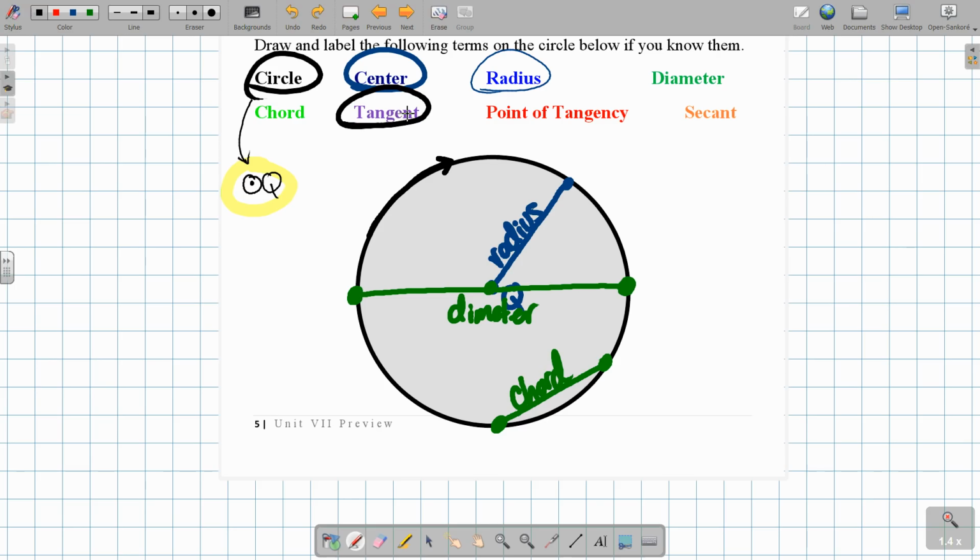Tangent. Tangent is a segment or a line that just touches the circle at one single point. That's a tangent. Where that line touches the circle, that's a point of tangency.